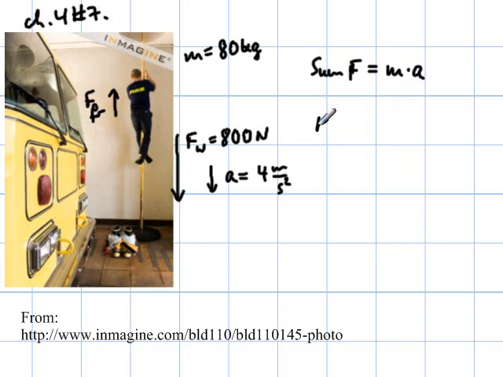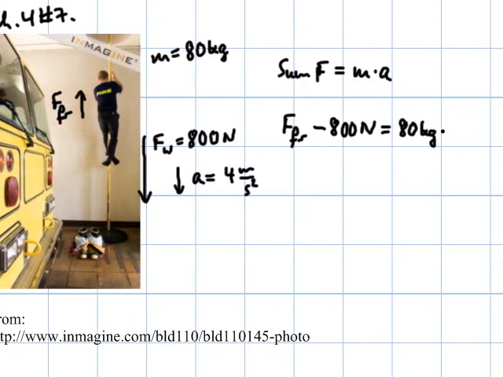One of the forces we don't know, the frictional force. Another force we do know, and because it's going down, I call it downward, minus 800 newtons. And that equals 80 kilograms times 4 meters per second squared.